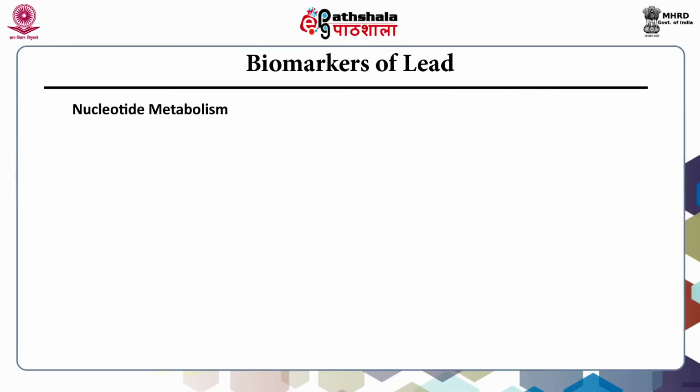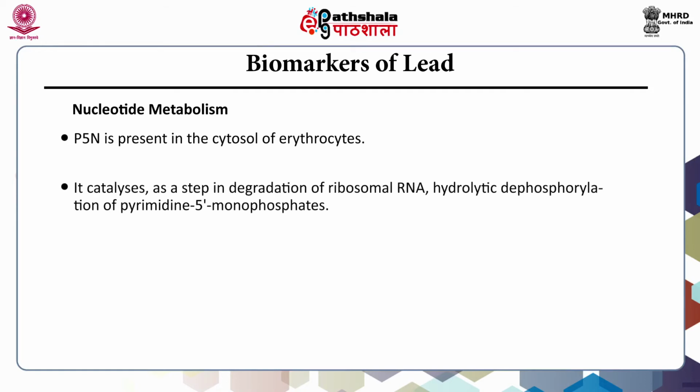Then nucleotide metabolism can be another indicator. P5N is present in the cytosol of erythrocytes. It catalyzes a step in the degradation of ribosomal RNA, the hydrolytic dephosphorylation of pyrimidine 5' monophosphate.